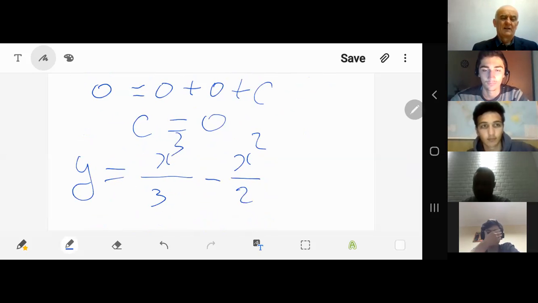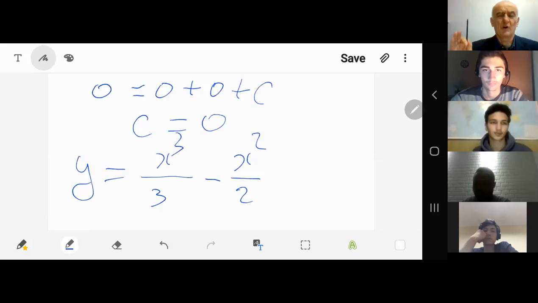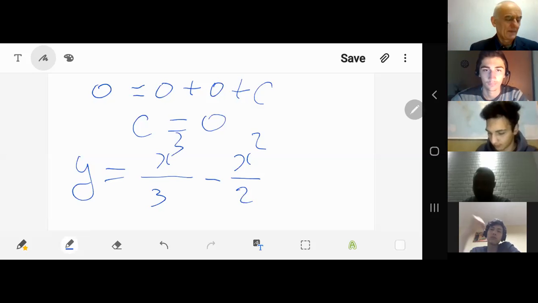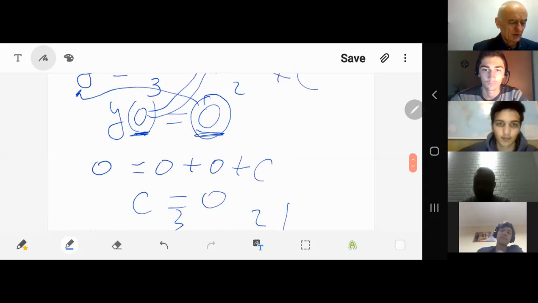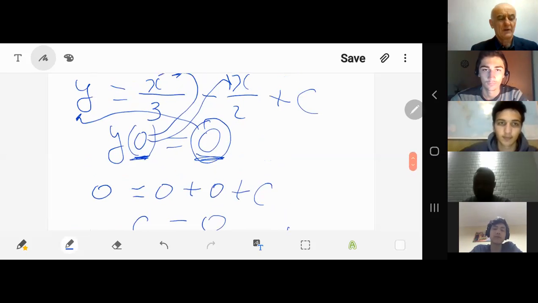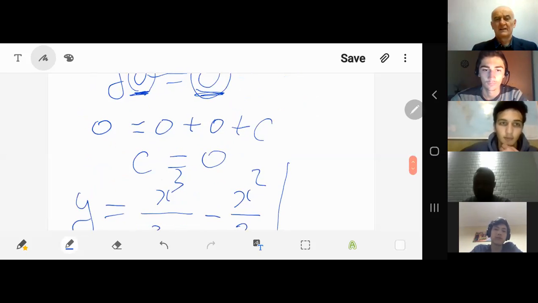So from an infinite number of solutions, from an infinite number of functions, I choose one particular function which satisfies the given condition. The given condition was y(0) equals 0. Okay. Questions, please?